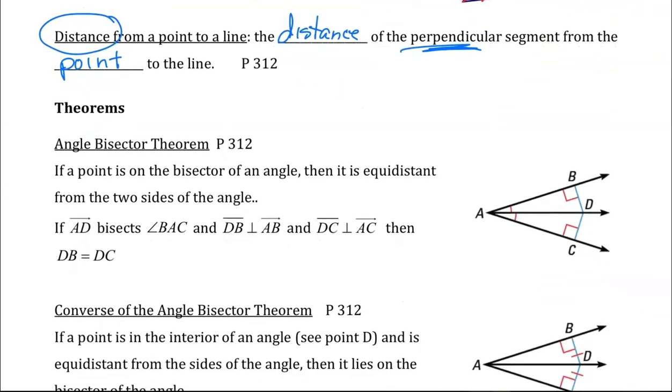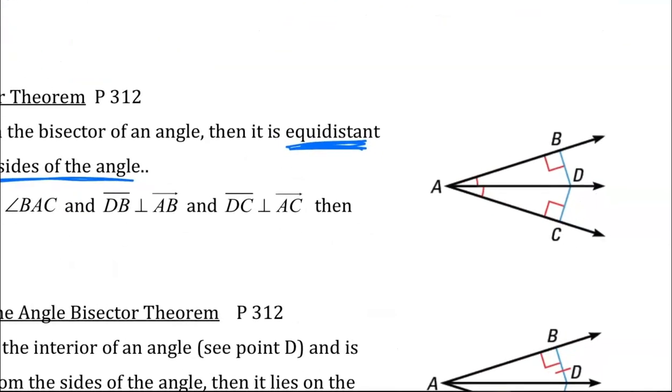All right, so let's talk about this theorem, the angle bisector theorem. If a point is on the bisector of an angle, then it is equidistant from the 2 sides of the angle. If AD is an angle bisector, and point D is on that angle bisector, then this distance, remember this is going to be the perpendicular distance, this distance and this distance have got to be equal.